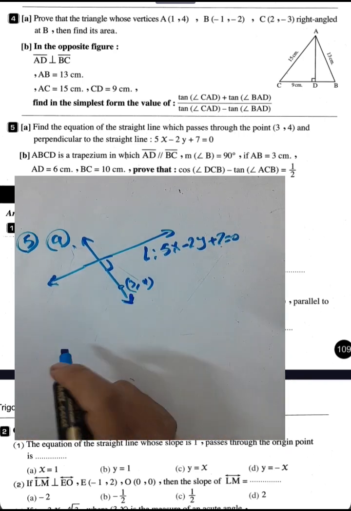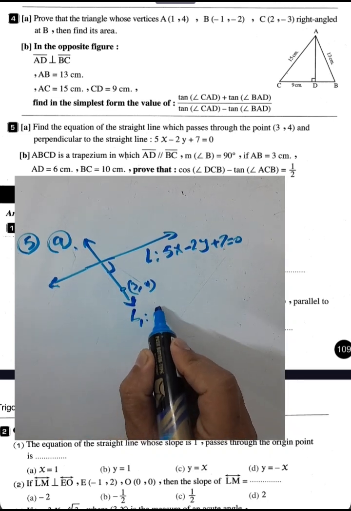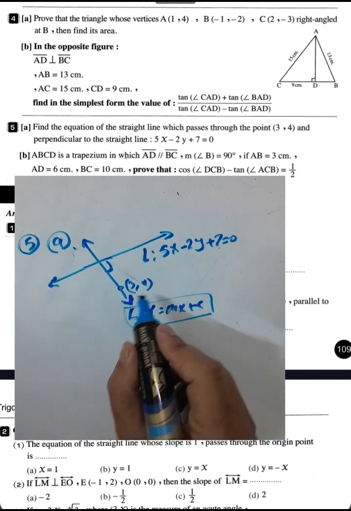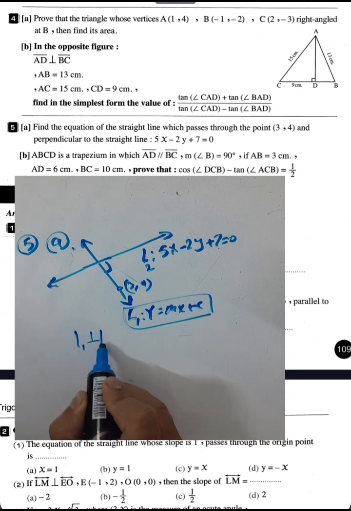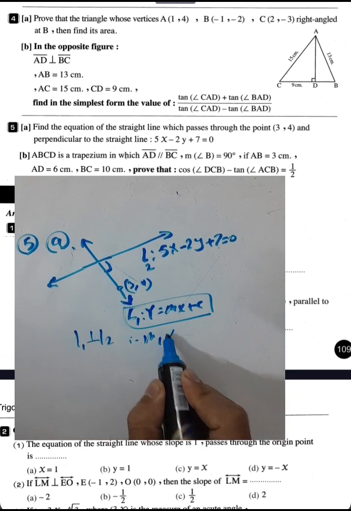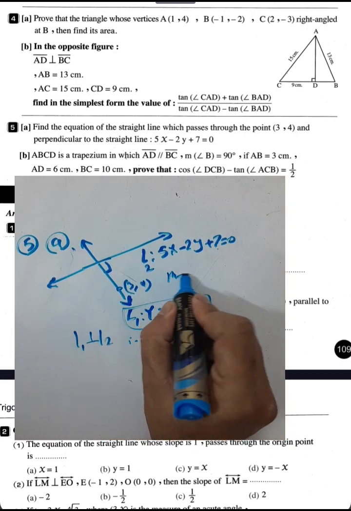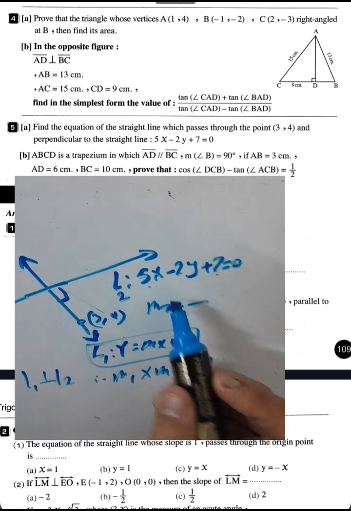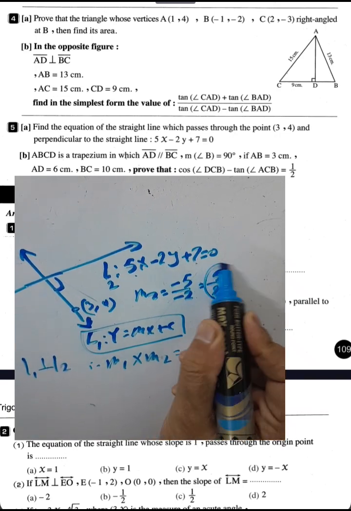Okay, first step, we will put L1 such that y equals mx plus constant is the equation of this straight line, and we have L2, the equation of this straight line. We have L1 perpendicular to L2, then m1 times m2 will be negative 1, and then we can find m2 from this equation. Negative coefficient of x over coefficient of y, negative 5 over negative 2, the result will be 5 over 2.